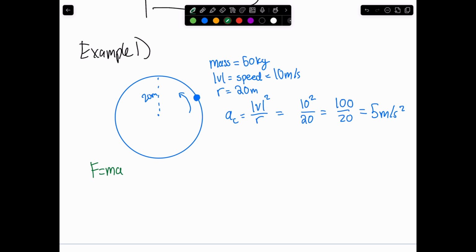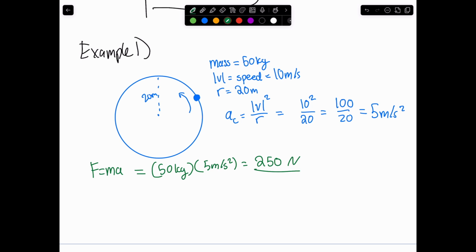Our mass is 50 kilograms. Our acceleration is 5 meters per second squared, which gives us 250 newtons. Great, so we know that there's a force of value 250 newtons that is inducing the acceleration that is felt by the object continuing on uniform circular motion.